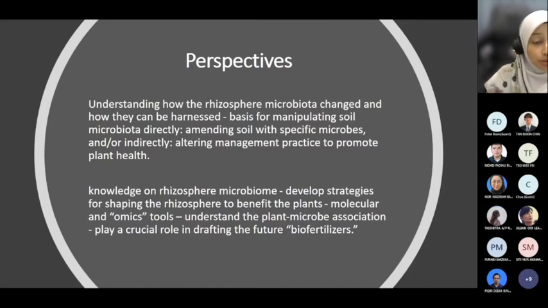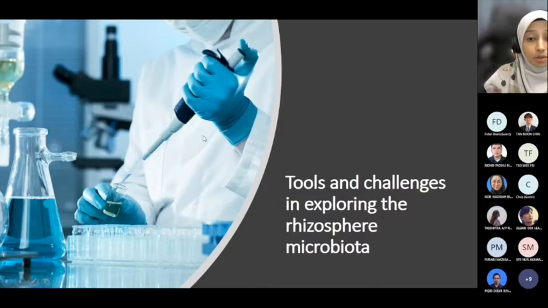So using all these omics tools, we can easily understand the plant microbe association, which can somehow draft the future biofertilizers, okay, the composition or the cocktails instead of just applying single or 2 or 3 types of biofertilizers. Okay, so tools and challenges.